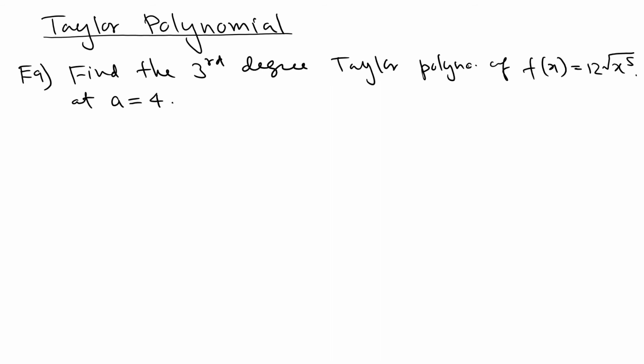If you get a function like that, what you can do is just try to find the derivatives. In this case, for a third degree, you need to find the first 3 derivatives. So we're going to start finding them.